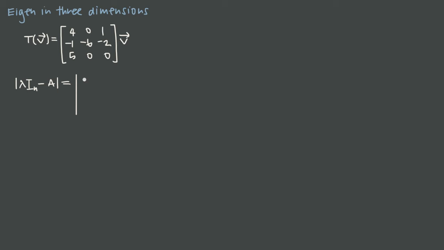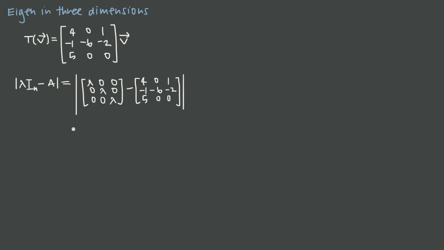We'll take lambda multiplied by the identity matrix, but of course it's the 3 by 3 identity matrix, so instead of doing this in separate steps, we know that this is just going to be lambda 0, 0, 0, lambda 0, and then 0, 0, lambda, and then we subtract out from that our 3 by 3 matrix, so 4, -1, 1, 0, -6, -2, and then 5, 0, 0.